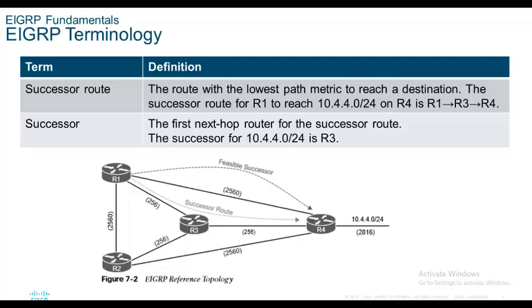Feasible distance is the metric value via the successor route to reach the destination. Feasible distance is nothing but the total metric via the best path. We just saw that the successor route is via R3.